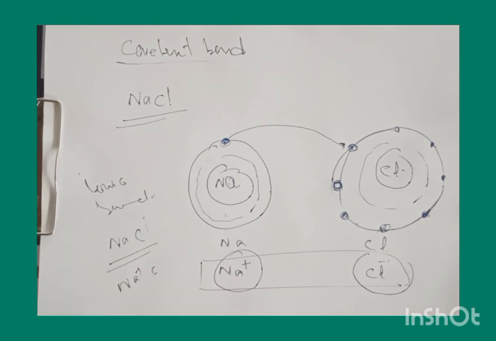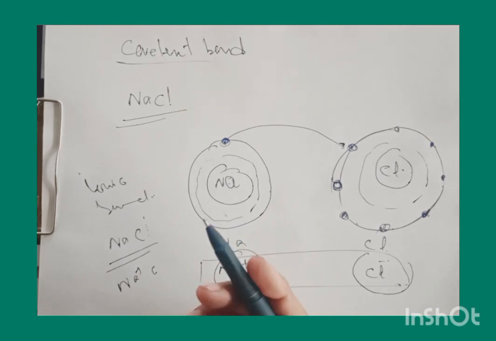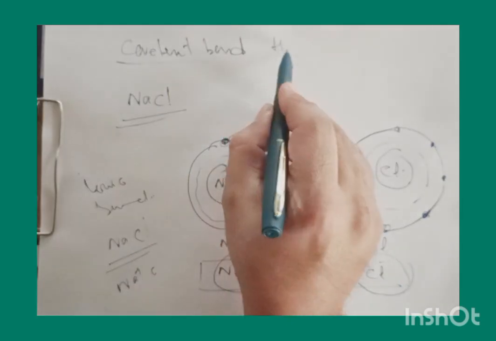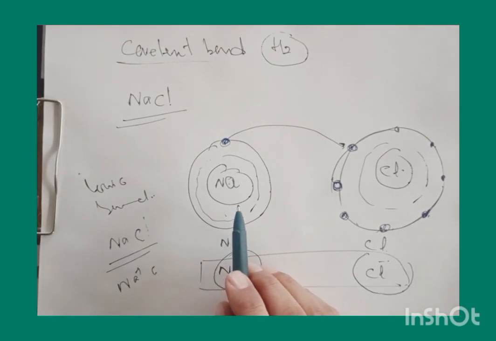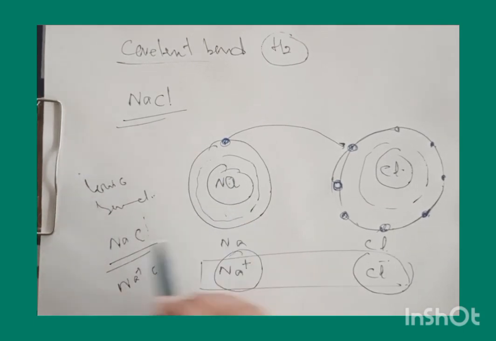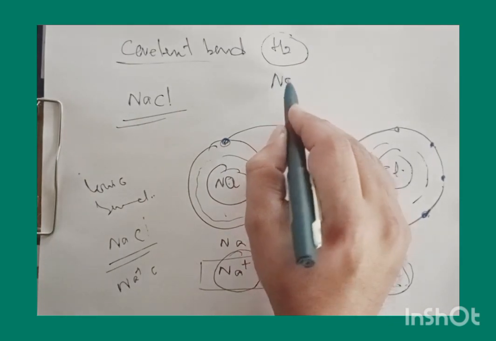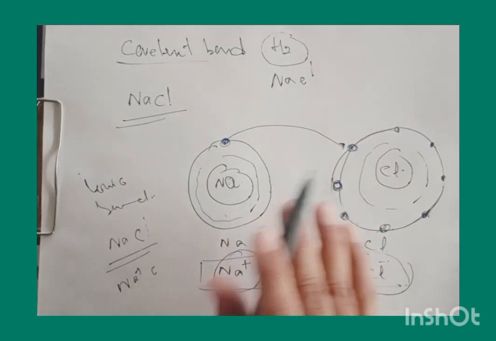So to say, in hydrogen, the bond is purely covalent, that we talked about. In the H2 case, the bond between these two hydrogen atoms is completely covalent, and in the case of sodium chloride, NaCl, it's purely ionic.